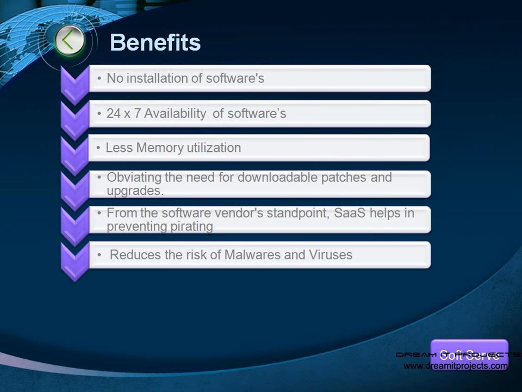Because if the user shares his username and password, his 500 hours will get deducted, so he will not be able to use all the 500 hours. It also reduces the risk of malware and viruses. If we download any software from any site, there are chances that malware and viruses come along with the software. So that risk is completely eliminated.